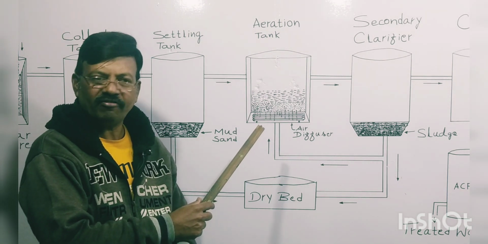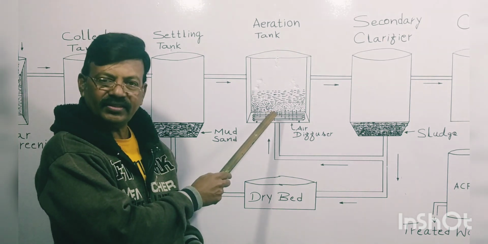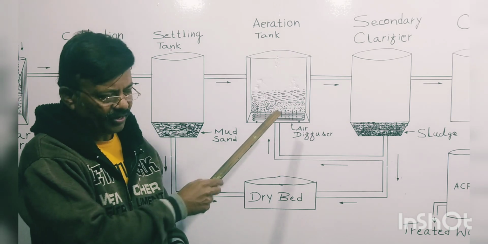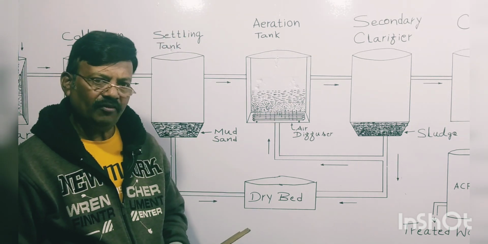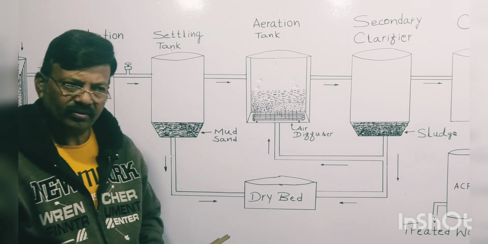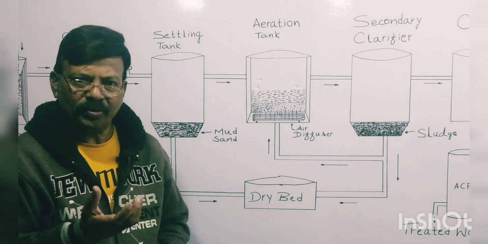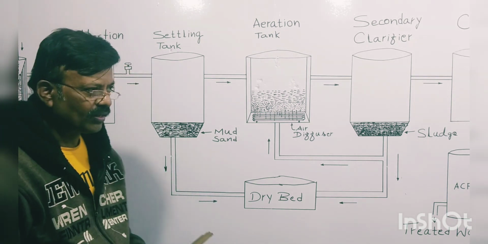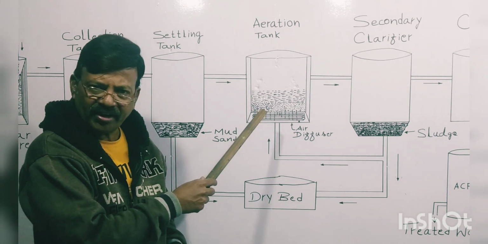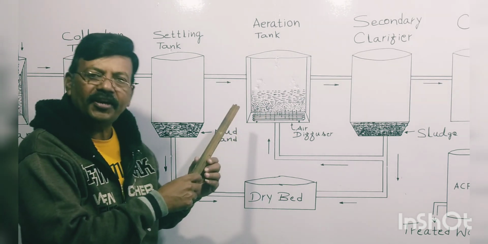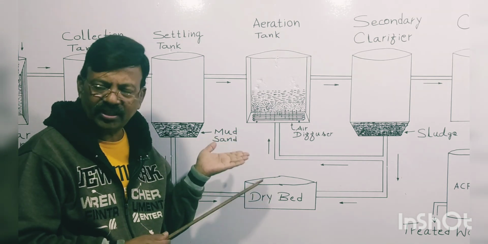Thousands of lakhs of bacteria are newly born in this aeration tank, and quite naturally, if any living thing is newly born, it requires food to be alive and grow. Here we have lakhs of newly born bacteria, they need food. But where is the food in the aeration tank? How does it come into the aeration tank?